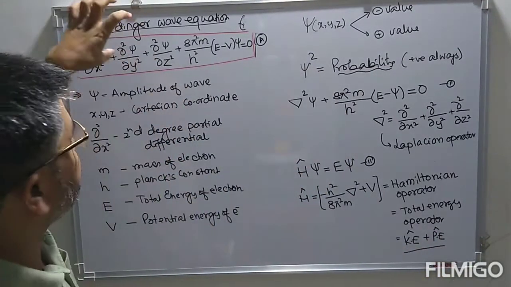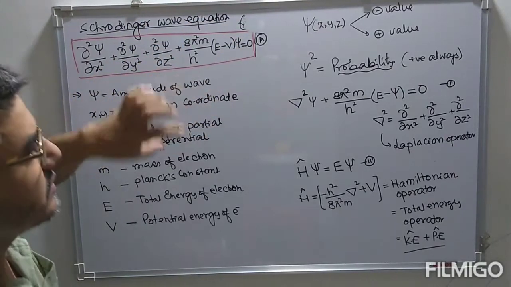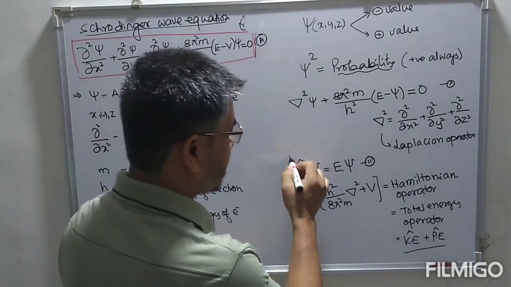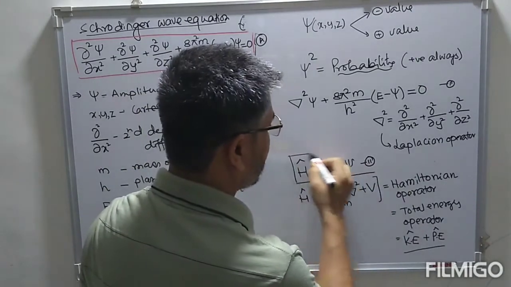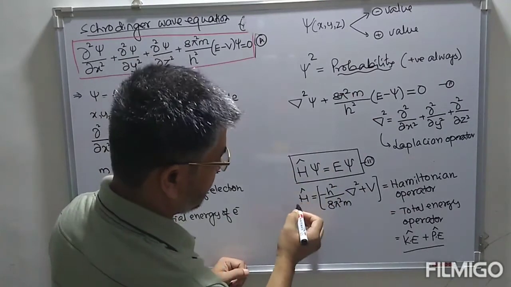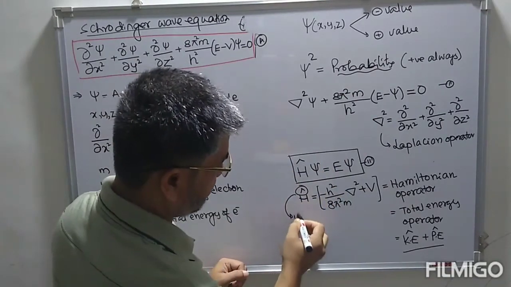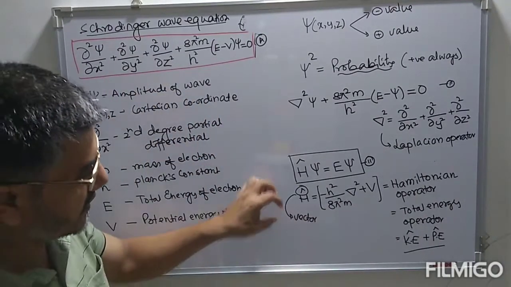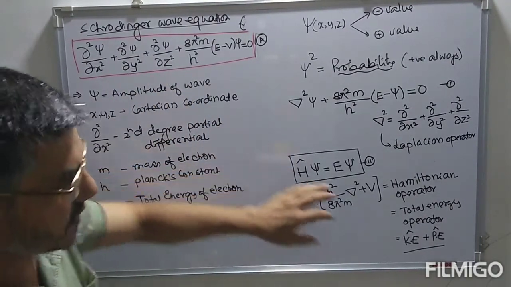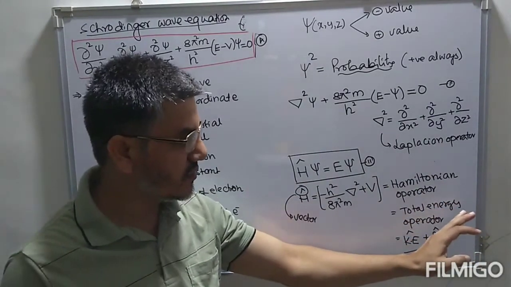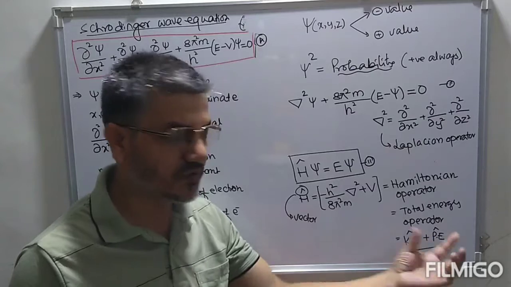So this long equation can also be written in the shortest form, that is H cap psi, where H cap represents an operator known as the Hamiltonian operator, which is nothing but total energy, that is kinetic energy plus potential energy.